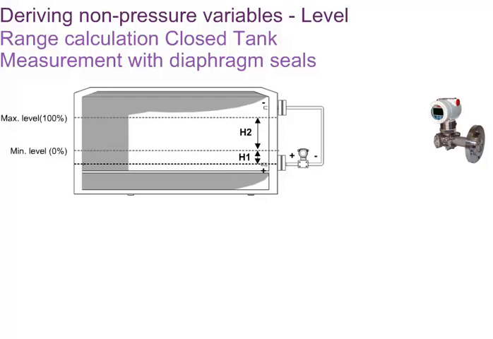The next one is the distance H2 between the minimum level and the assigned maximum level, where the transmitter output signal is supposed to be 100%. For consideration of the filling liquid in the capillaries, the distance H3 between the lower and the upper tap must be known, and of course the specific gravity of the diaphragm seals filling liquid. In addition to the distances, the specific gravity of the process liquid must be known.